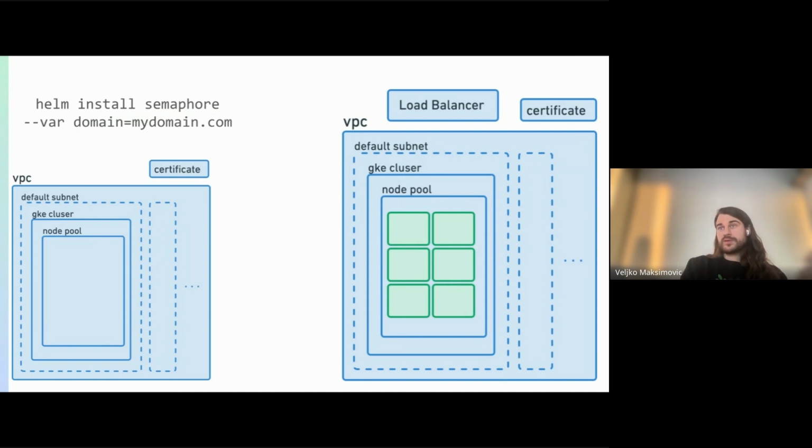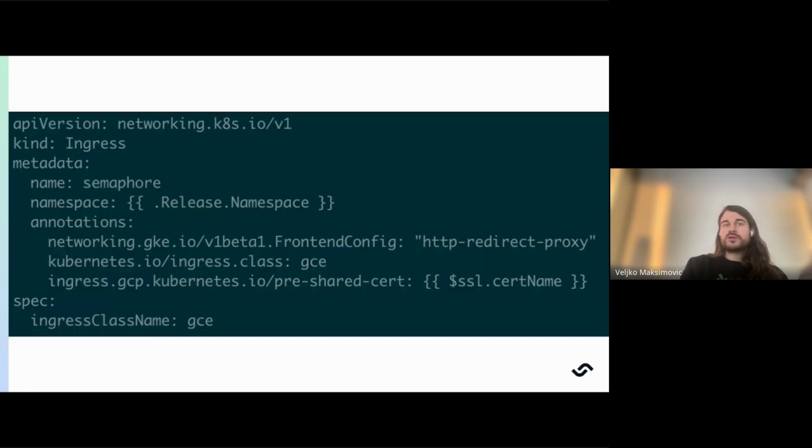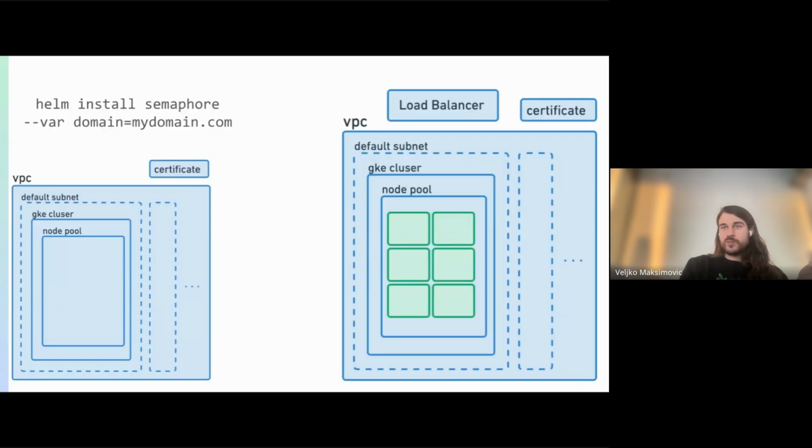One of those resources is an ingress YAML, which defines all of the routing rules. If you put some of these annotations at the top of your ingress definition, Google Kubernetes Engine will be able to pick them up, figure out that you actually want Google's load balancer to implement all of those rules, and it will spin it up.